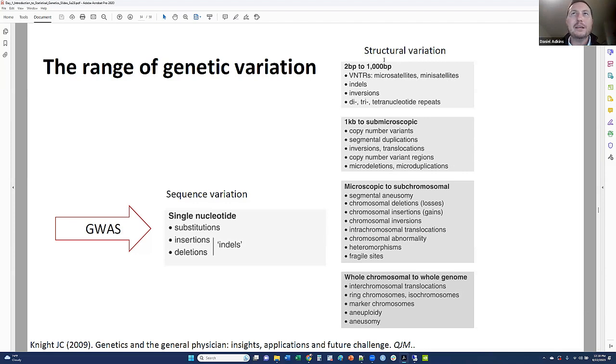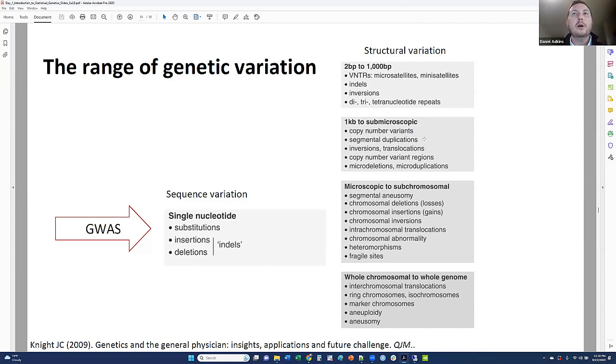The last thing I'll say about the slide, and then we need to move on. One particular type of structural variation, in particular copy number variants, we're finding out is often quite important for complex traits as well. And sometimes CNVs, which is the acronym for copy number variants, sometimes those interact with sequence variants in epistatic ways, or genetic interactions.